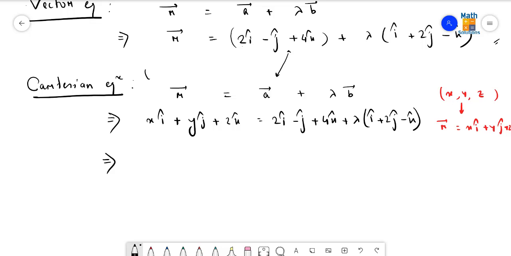Now we are going to take i cap, j cap, k cap together.